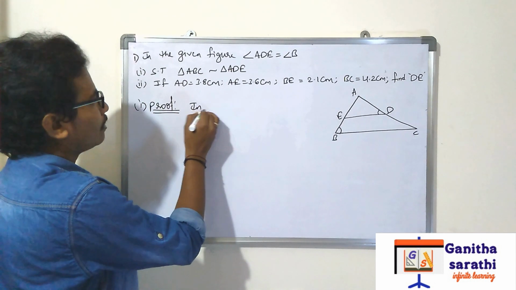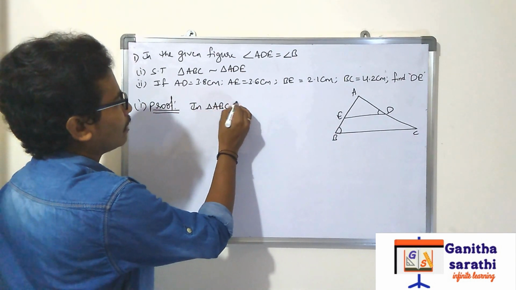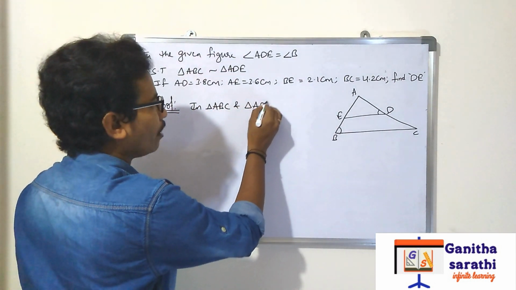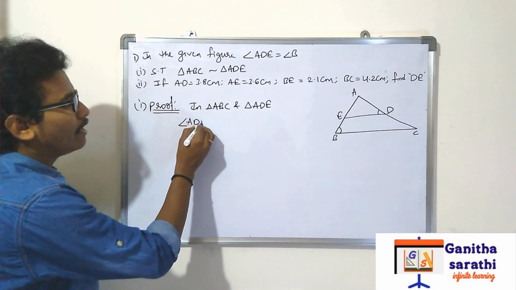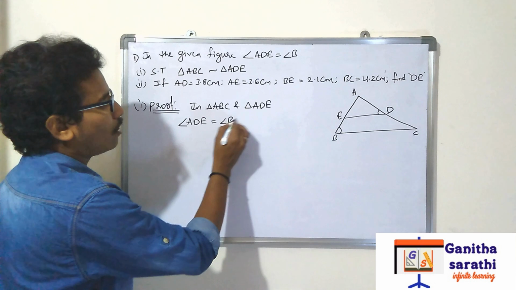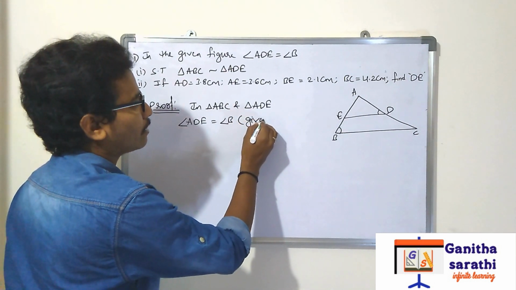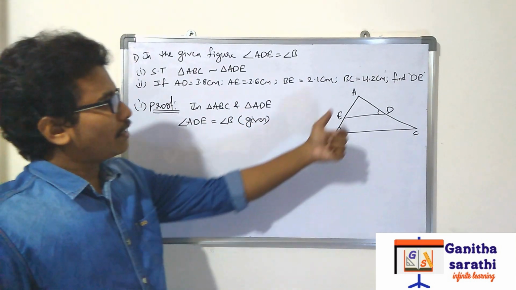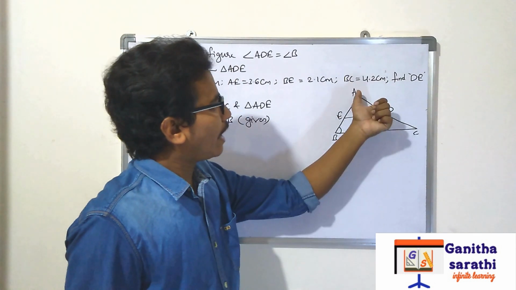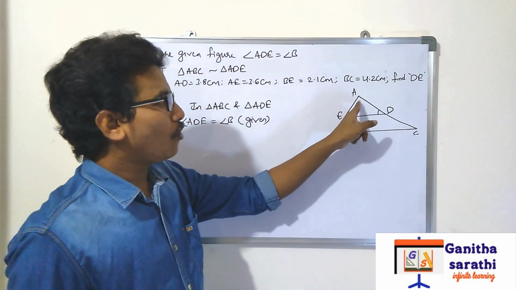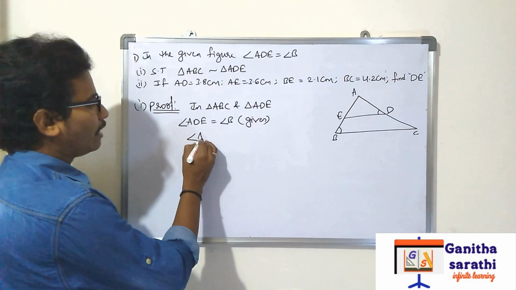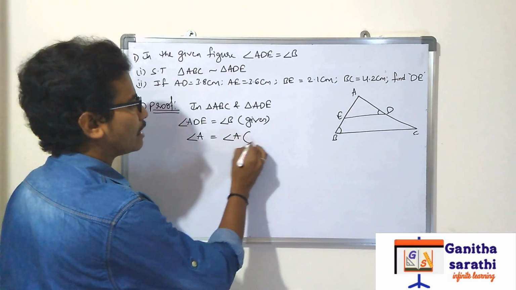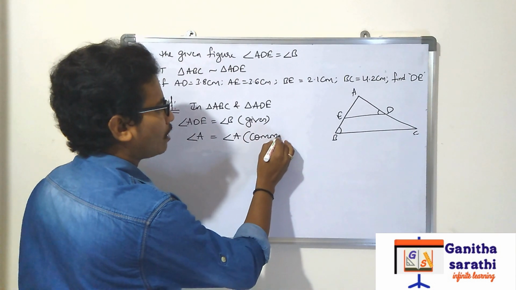In triangle ABC and triangle ADE, one angle is already given. What is that angle? Angle ADE is equal to angle B. Already it is given, right? And in triangle ABC and triangle ADE, one common angle is there. What is the common angle? Angle A is equal to angle A, the common angle.